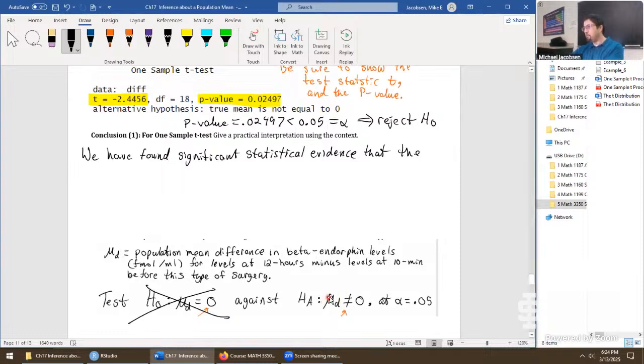the, well, mu d not equal to 0, we have to read that out. We can't give people technical syntax like this or notations, and Greek letters are not great either.